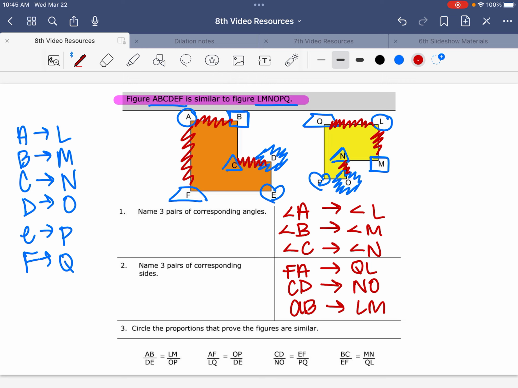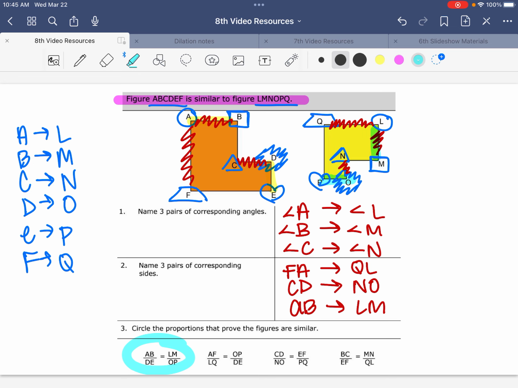So the first one we're going to look at is AB over DE. If I look at side AB and DE, does that correspond with side LM and OP? And it does. So this is one of the proportions that proves it similar.